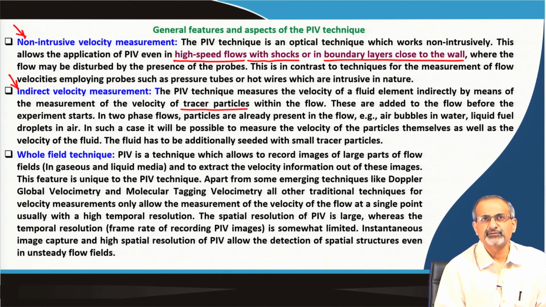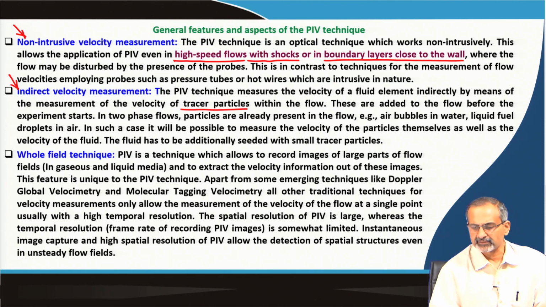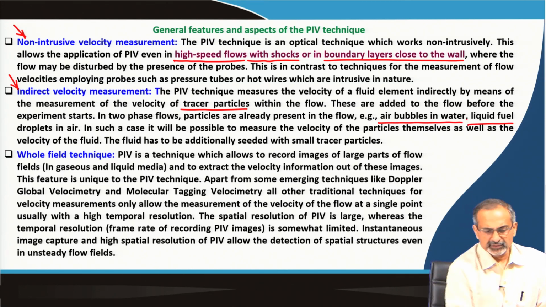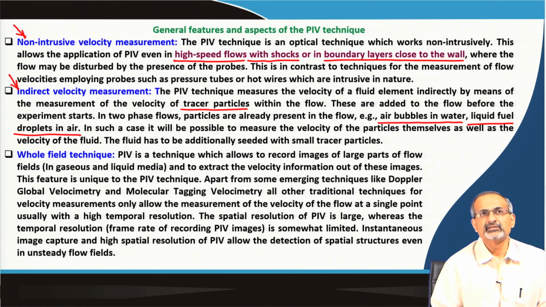Let us say in two-phase flows, particles are already present in the flow, say air bubbles in water or liquid fuel droplets in air. In such a case, it will be possible to measure the velocity of the particles themselves. But if you are also interested to measure the velocity of the flow field, that also is possible by putting in additional seeding.